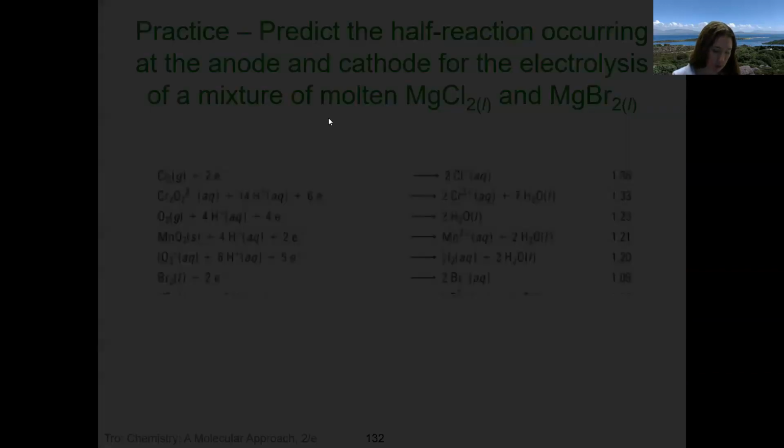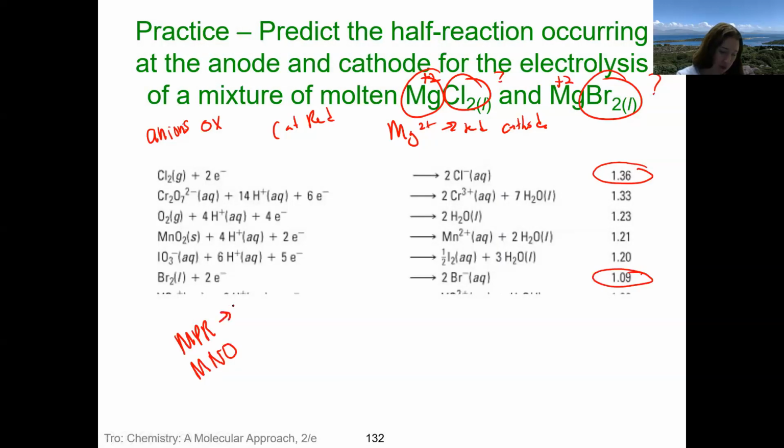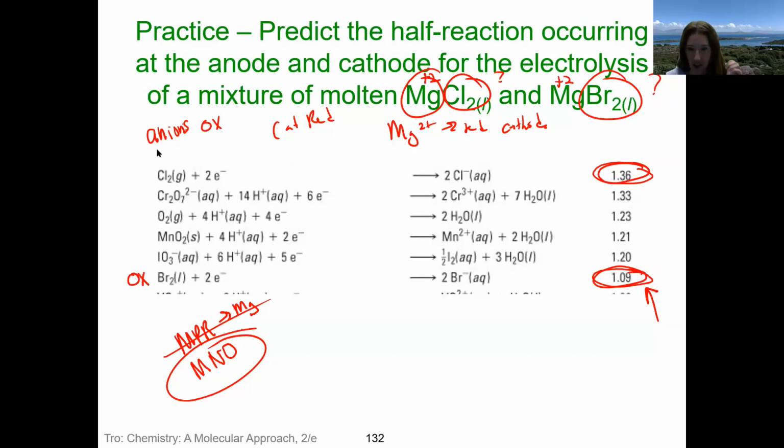So we already know that this one is going to be magnesium, because cations are reduced. So we're not going to talk about reduced. We're looking for the more negative one, the one that's going to be oxidized. So who is more negative? Now, both of these are positive, yes, but this is more negative. So this will be our oxidation reaction.